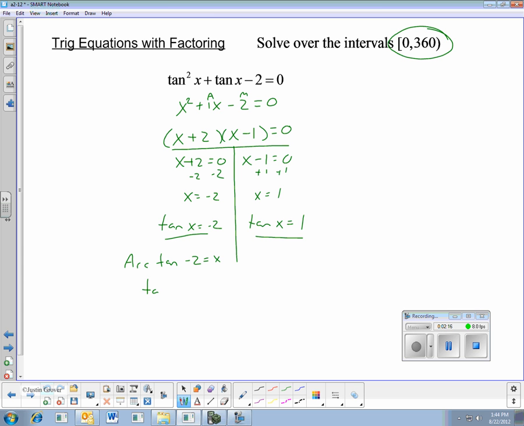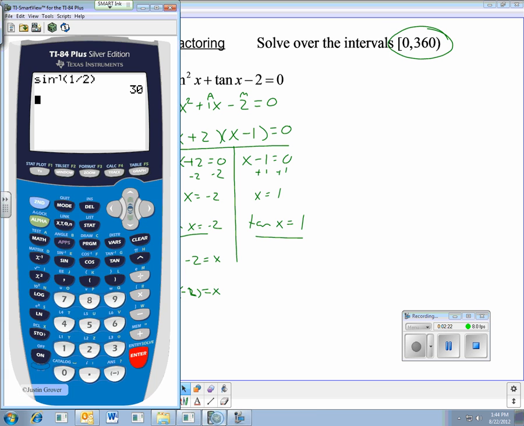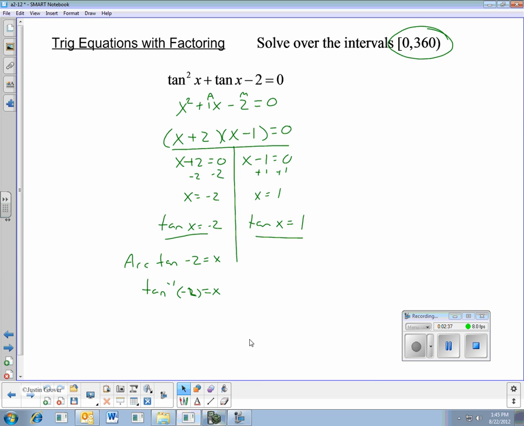On our calculators, that's the inverse of tangent, and I'm going to let my calculator do that for me. Let's see what that gives us. Negative 63. I'm going to round to the nearest tenth here, so negative 63.4, and the problem, I'm sure, would specify that. So angle x equals negative 63.4.